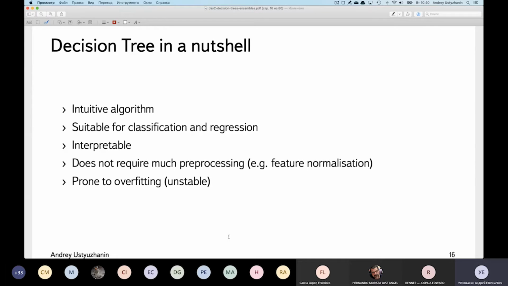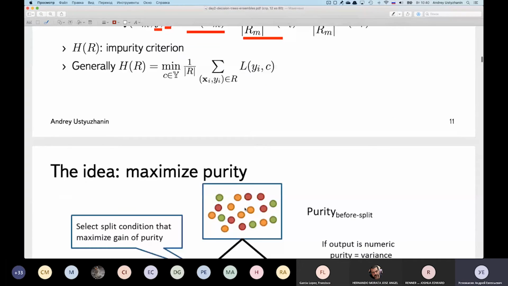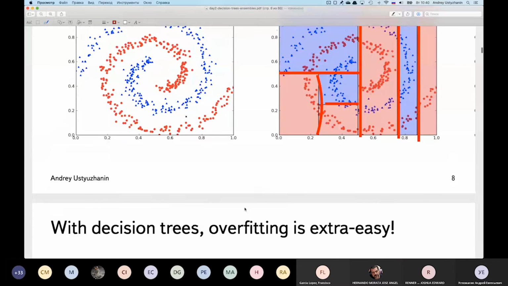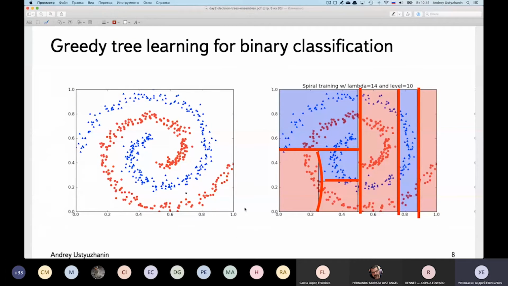So if I scroll back to the example, maybe it's not the best example, but just to illustrate.